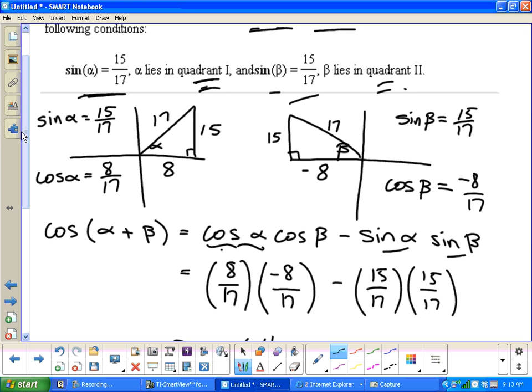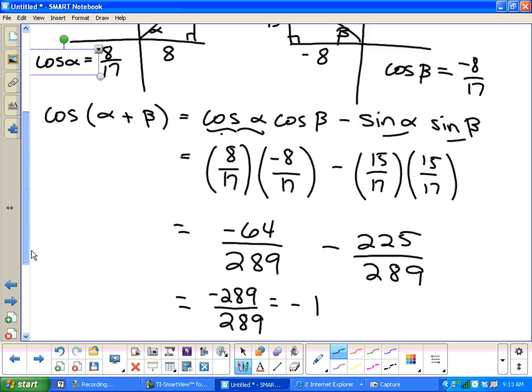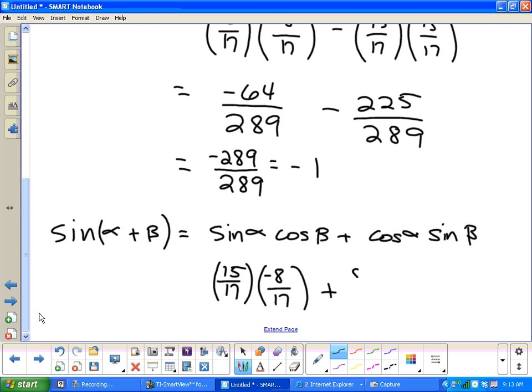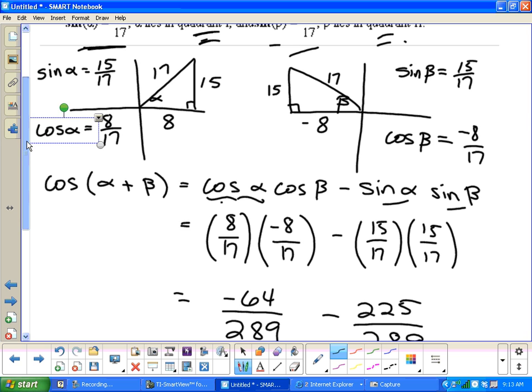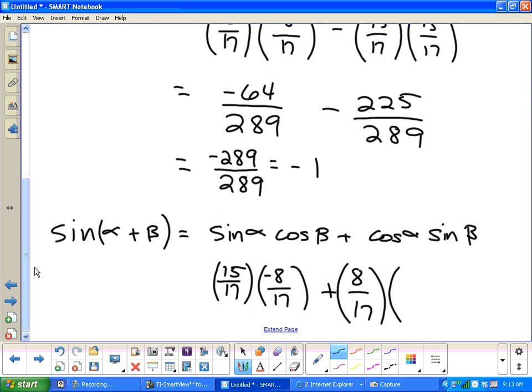Cosine of alpha. Yeah, 8 over 17. See it right there? Okay, times the sine of beta. What's the sine of beta? 15 over 17.